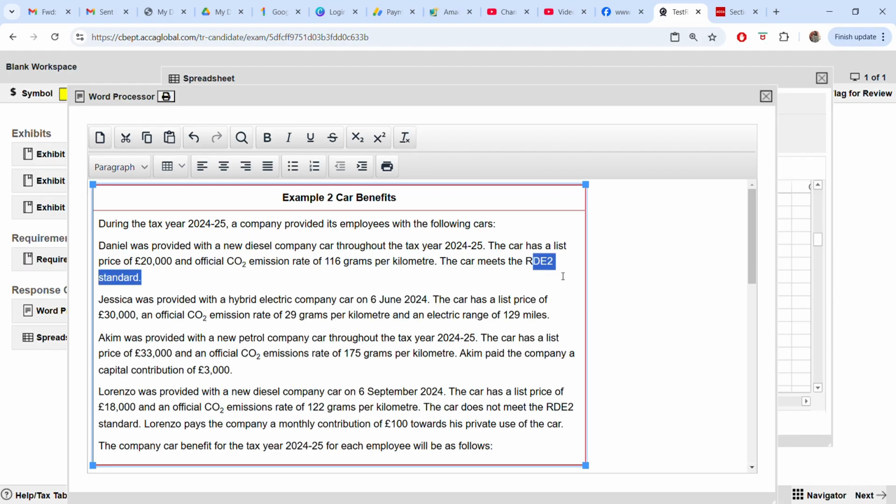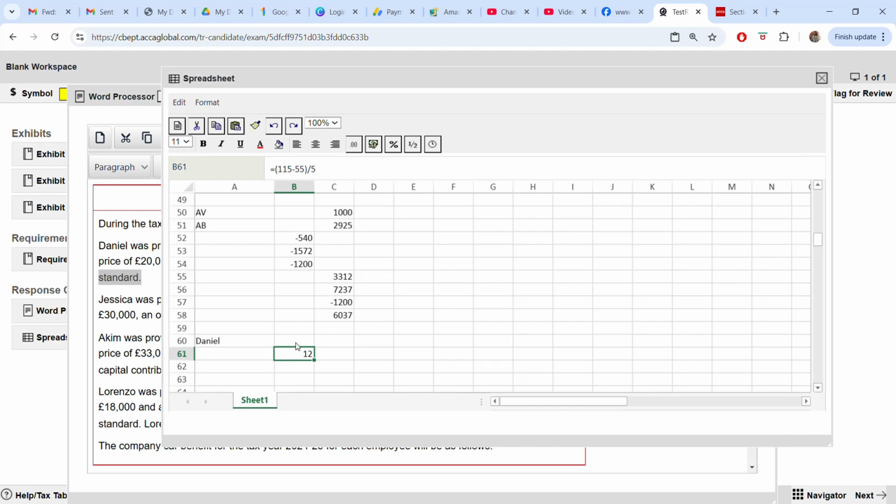It is the same as the petrol. So it's 12%, but that 12% you have to add with the 16%. 16% is the base because 16% is at 55. So now you will be adding it with 16. If you take the sum function, it is 28% you have to take.